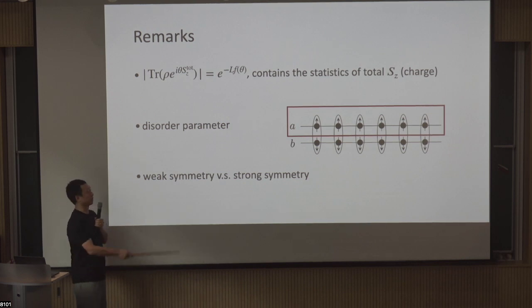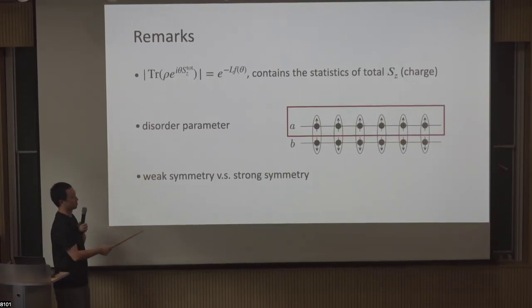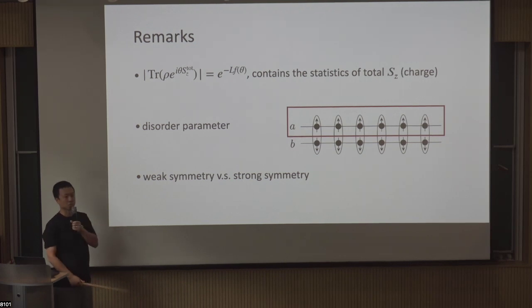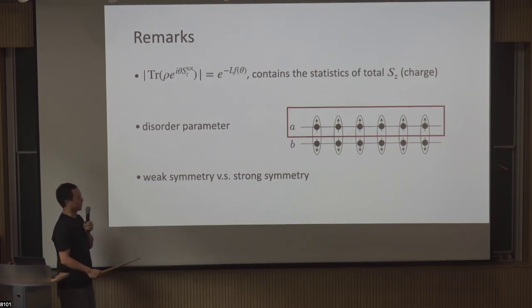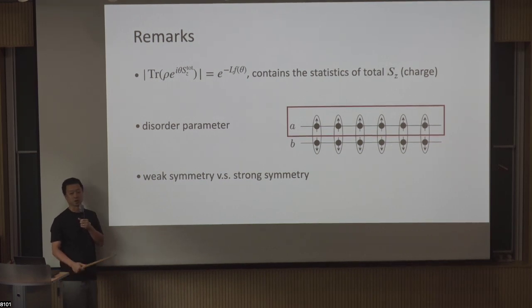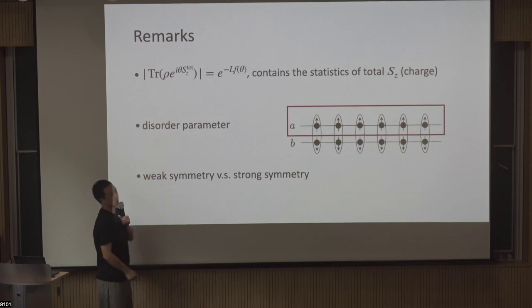In, say, a Rydberg atom experiment, you have some kind of spin-1/2 system roughly, and then you take pictures. The picture will tell you up or down, and you collect the samples, and you can calculate the total S^z, and you also calculate the sample-to-sample fluctuation. So you can get all the moments of S^z, and that's equivalent to the data here. So we have e^{i theta S^z} for any theta.